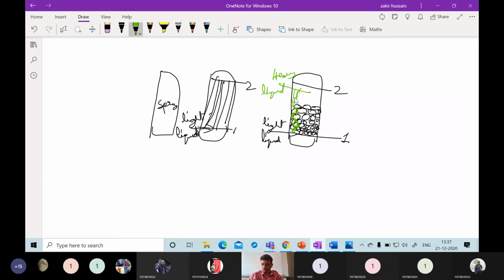Obviously it will be looking for openings to come here. If you consider this as the heavy liquid, it also has to look for some opening. When it has to look for openings, they will come into intimate contact on these stacked particles. So the intimate contact will be increased.